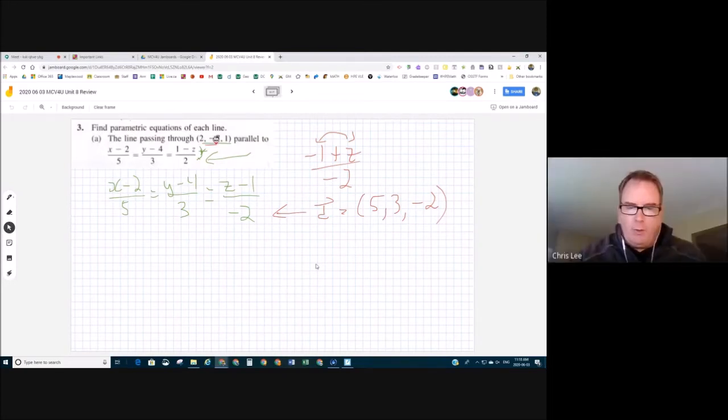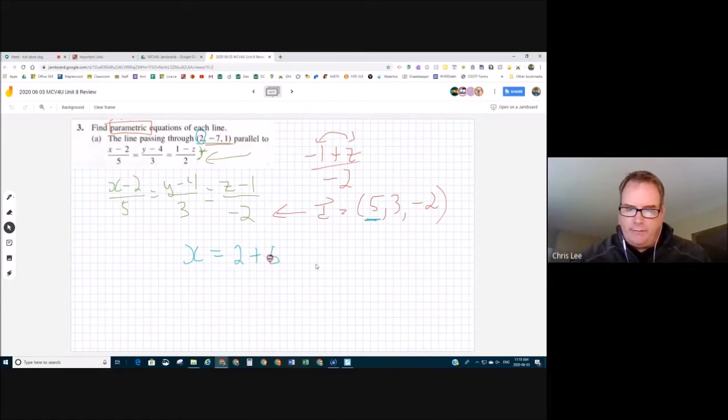And then there's our point. And so now we got to write it in parametric. So parametric is, I think of the pairs of things, even though there's 3 of them. So it describes what the x does, the y does, and the z does. So the x then is x equal to the point, the x coordinate. So 2 plus a scalar multiple of the direction vector.